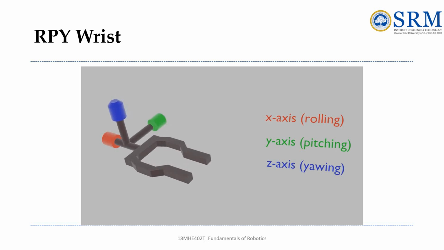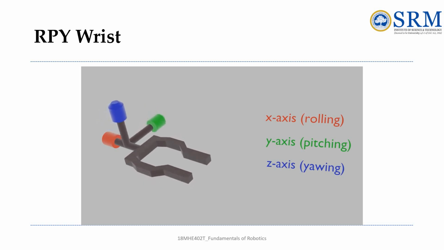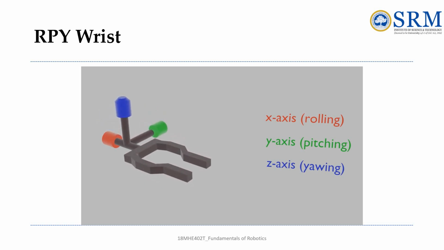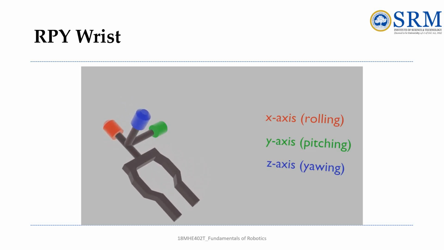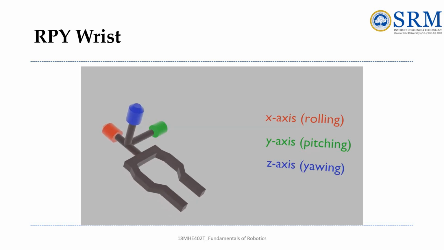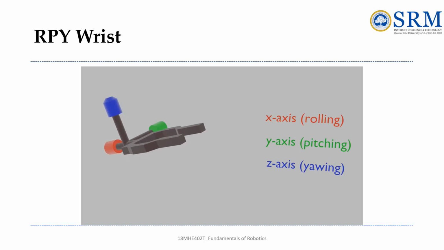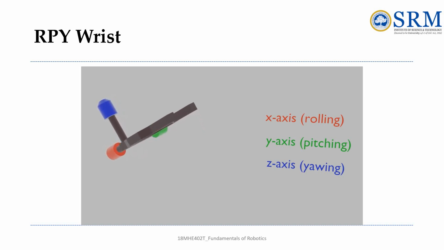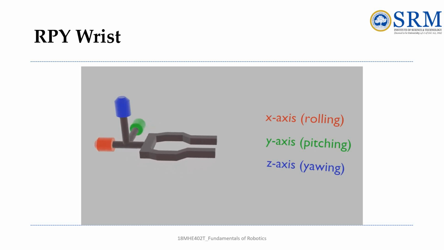So this is roll, you could see roll, x-axis, and this is y-axis pitch. And this is z-axis yaw.